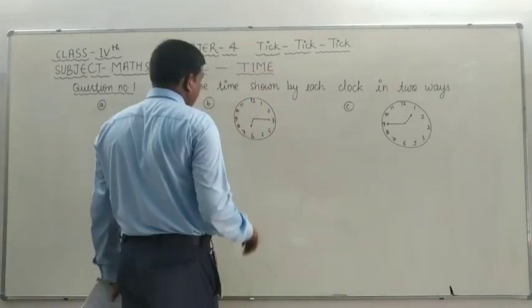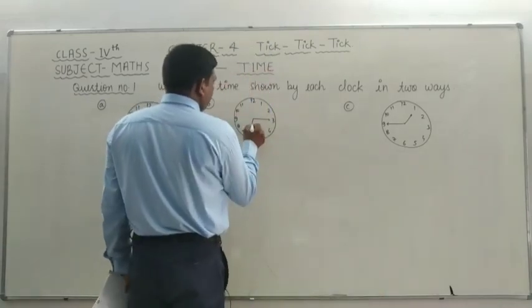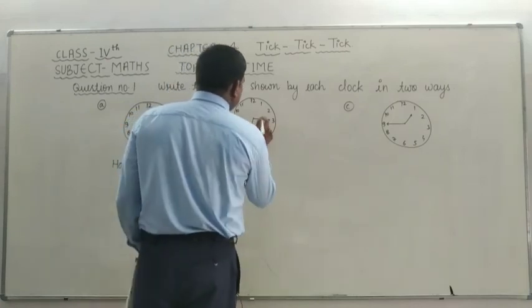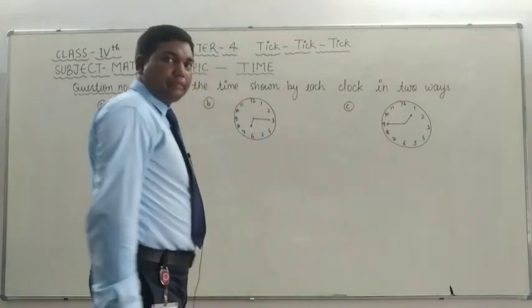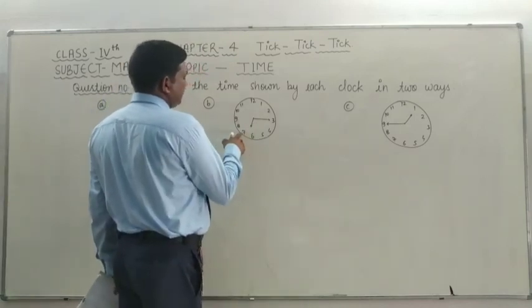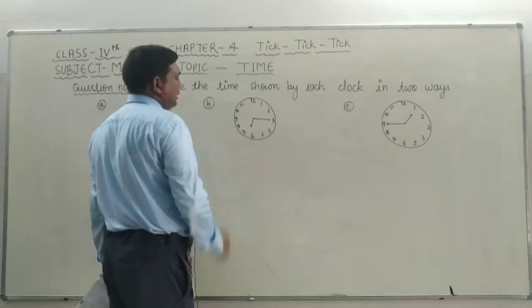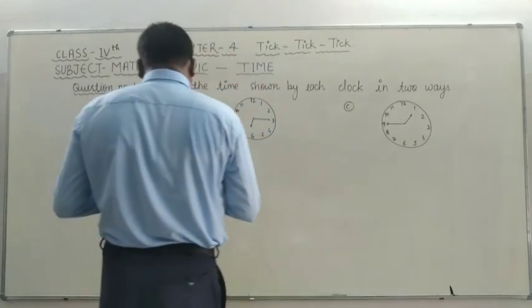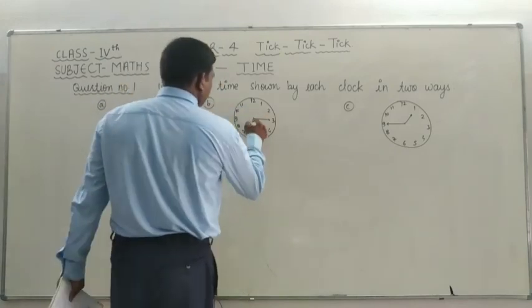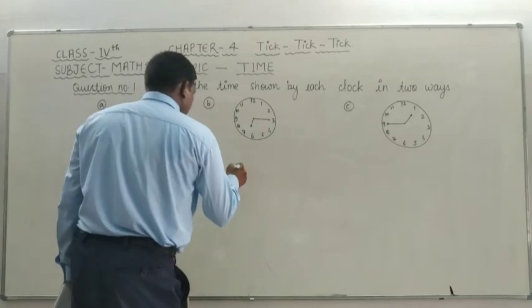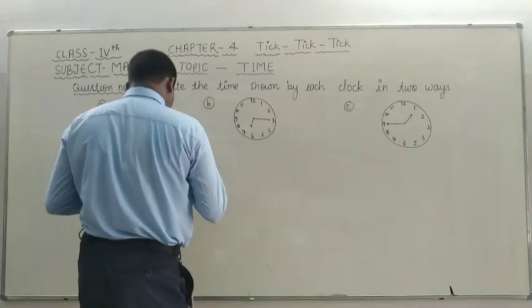Listen carefully. Here the minute hand is exactly at 3, and the hour hand is exactly between 6 and 7. Therefore we can say that this is quarter past 6.